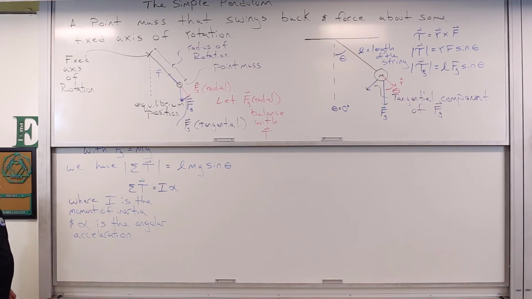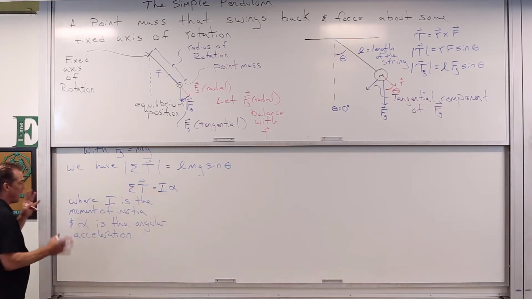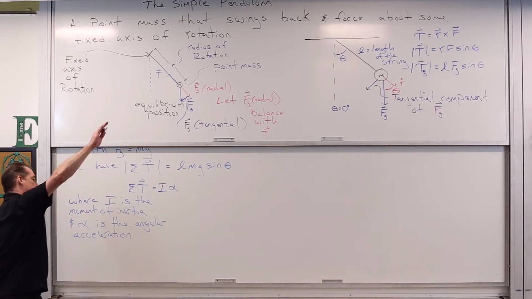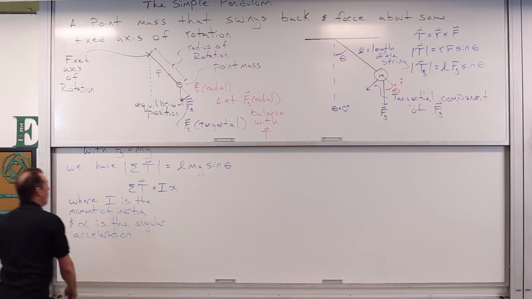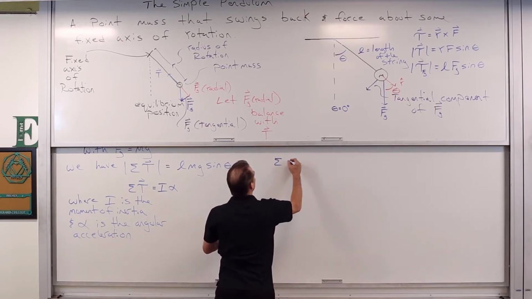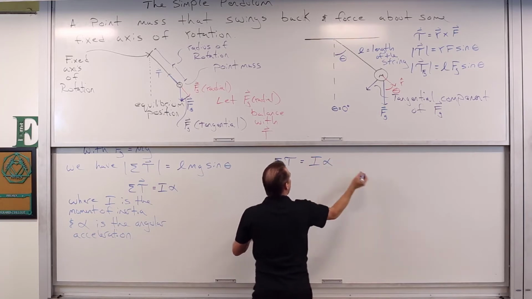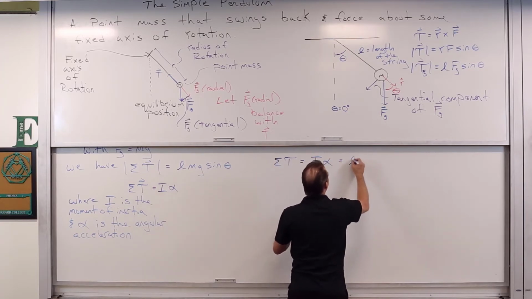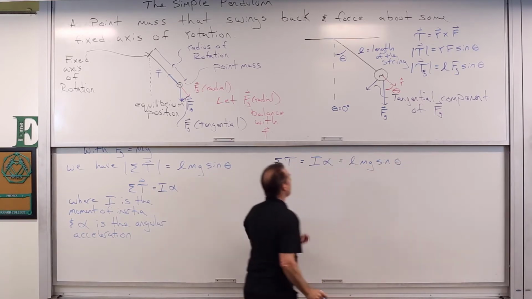All right, so working with magnitudes now and noting that this alpha has some directionality that we can associate with clockwise versus counterclockwise, swinging this way or this way, we can start to write something else. We have that net torque is equal to I alpha is equal to L mg times the sine of theta.